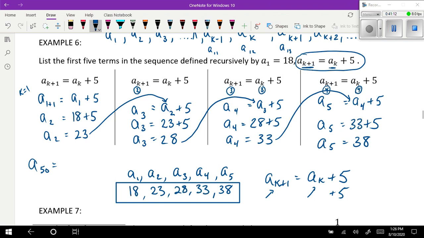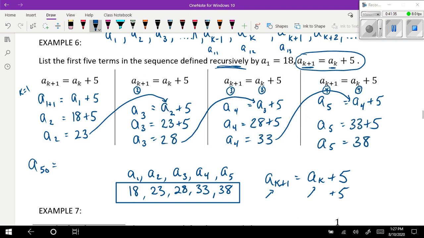But in order to find 49, I needed 48, 47, 46, 45, 44, 43, 42, 41, and so on. So you have to have all of the previous terms in order to get the next one. And that's recursive, which I particularly would prefer to have an explicit function defined as opposed to a recursive one.